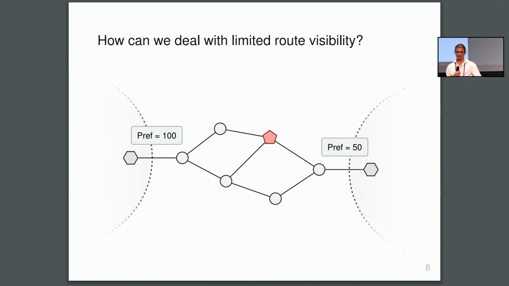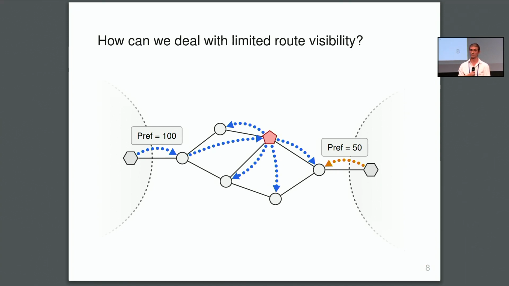BGP has many features that allow it to scale to very large networks, for instance, route reflection. And these features essentially reduce route visibility, which means that some routers don't know about the routes that others select. So let's look at the same example here, but now we have a single route reflector, shown in red. This reflector receives the initial route in blue from the border router and then reflects it inside of the network.